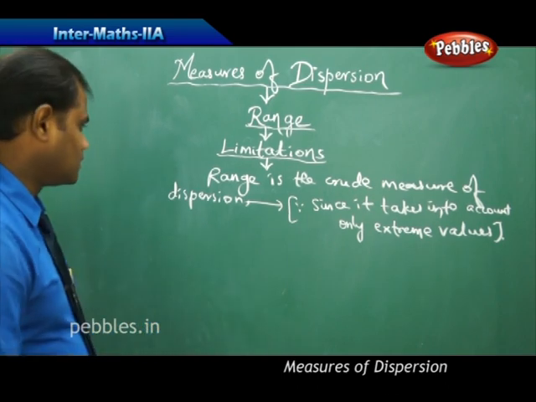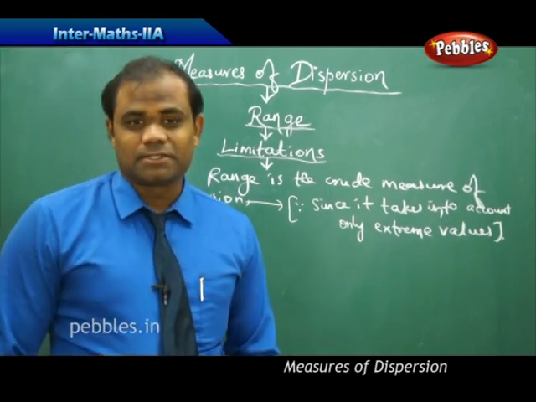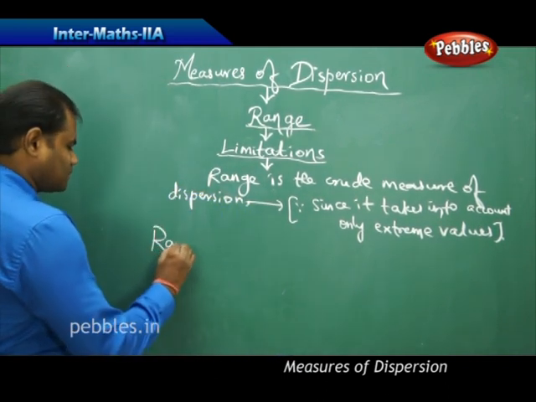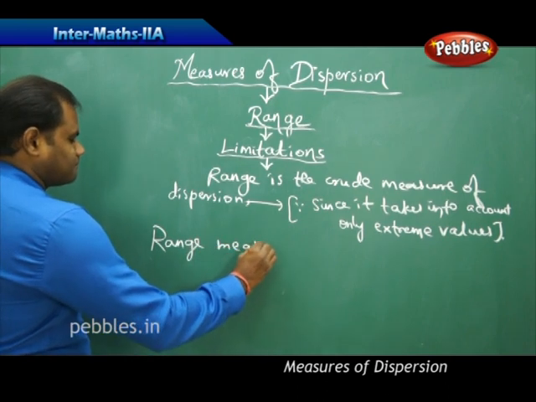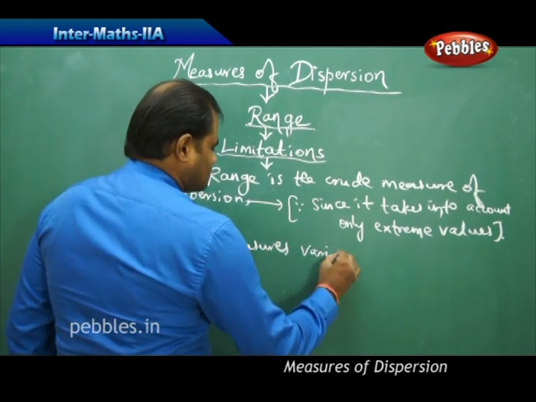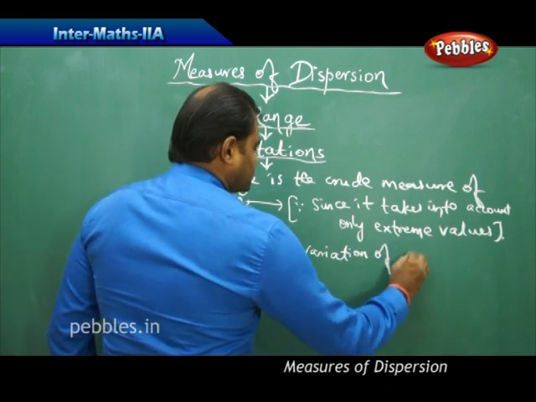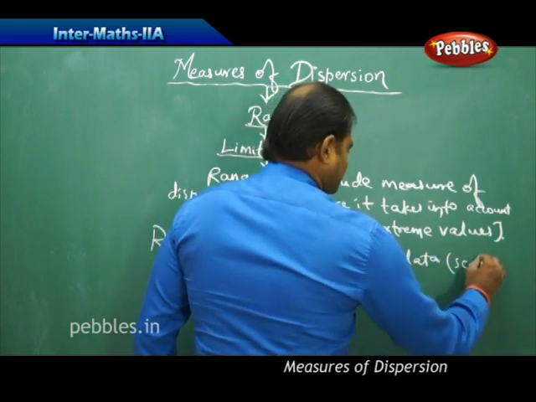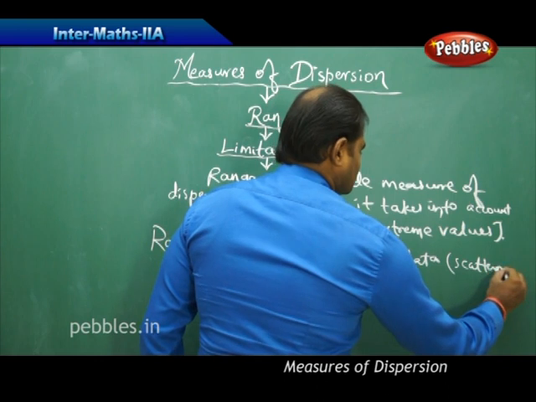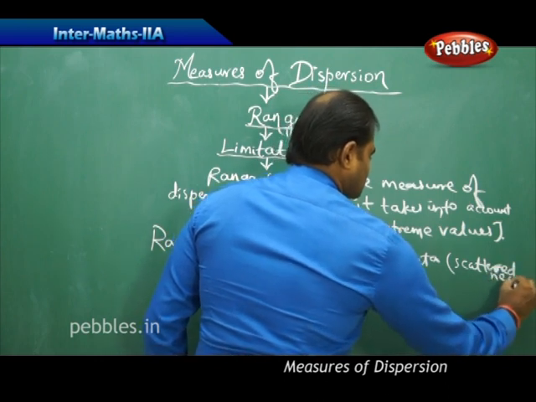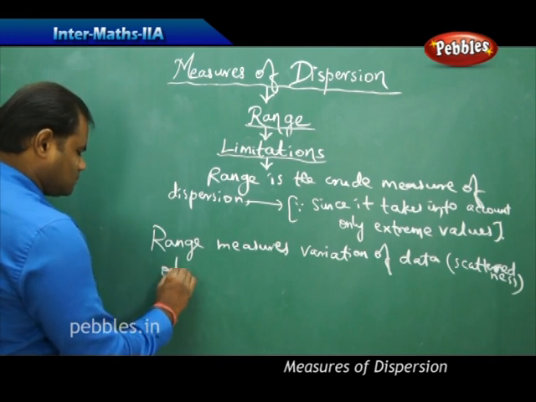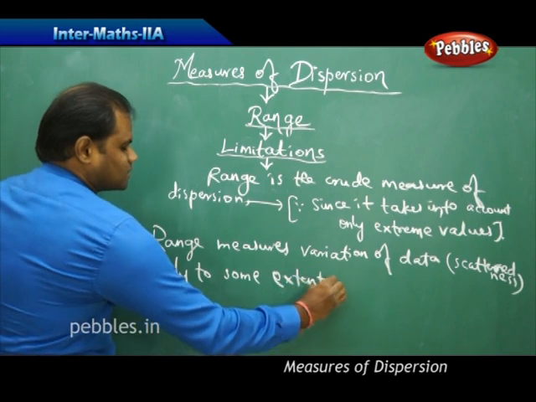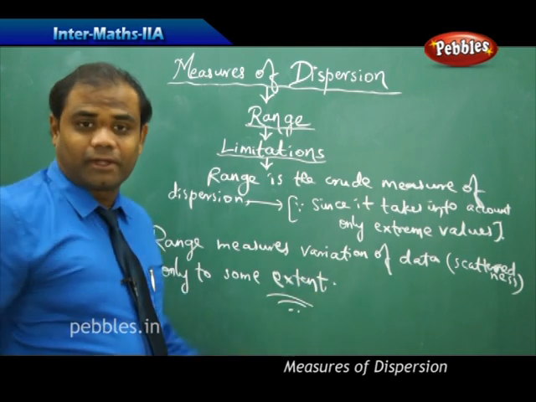But we understand, however, that range measures the variation of data or scatterness only to some extent, but not perfectly.